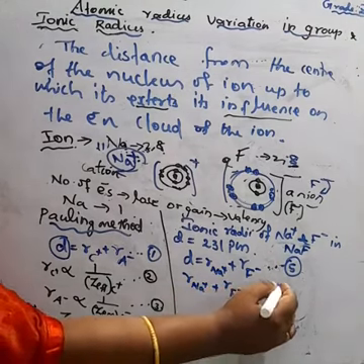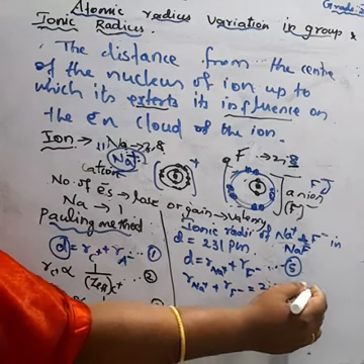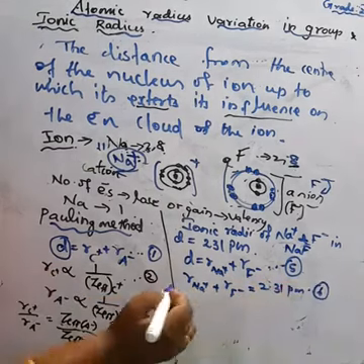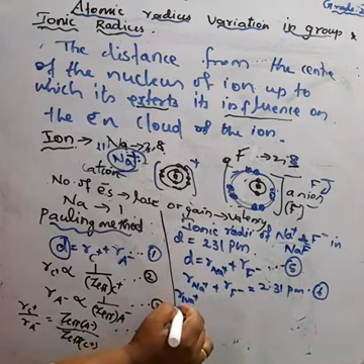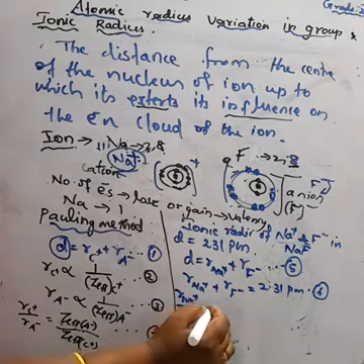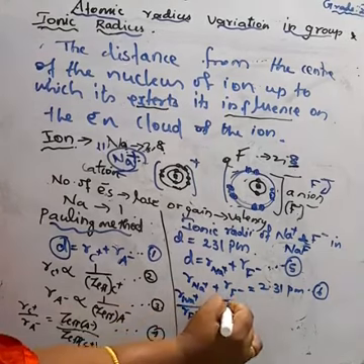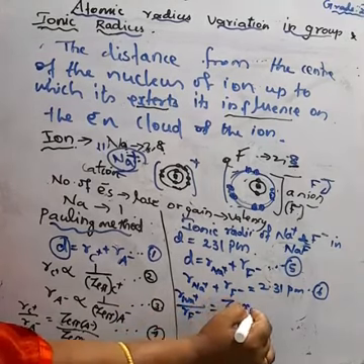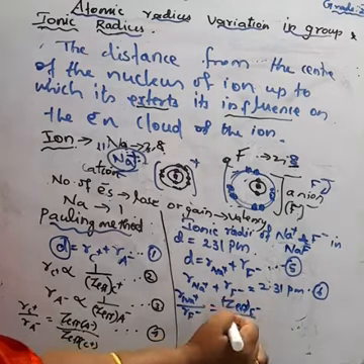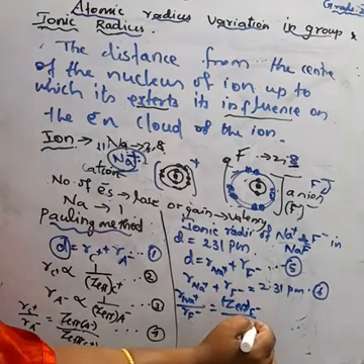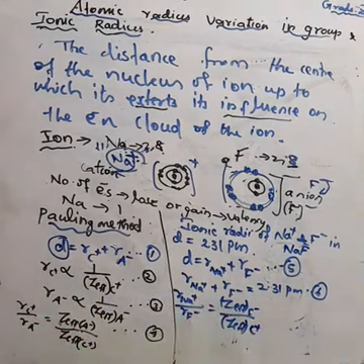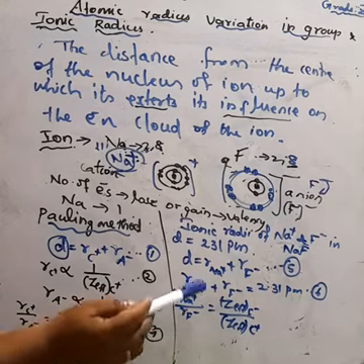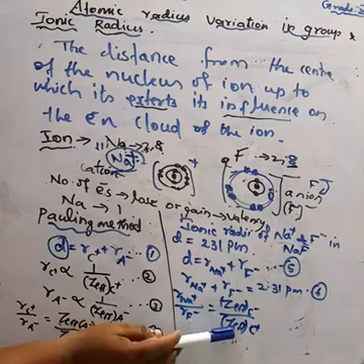We know that RNa plus by RF minus is Zeff of F minus by Zeff of Na plus. To calculate the radius of the sodium and the radius of the anion, we are using this assumption.